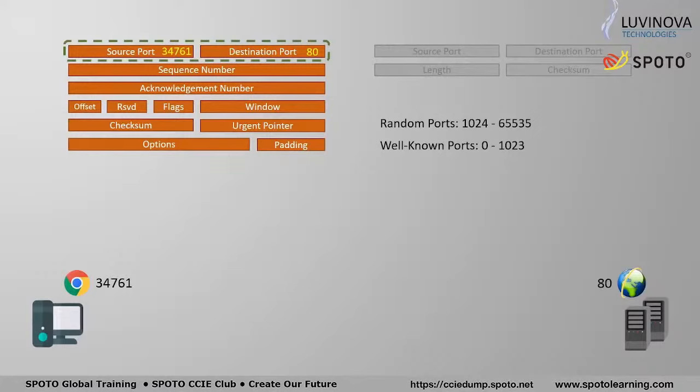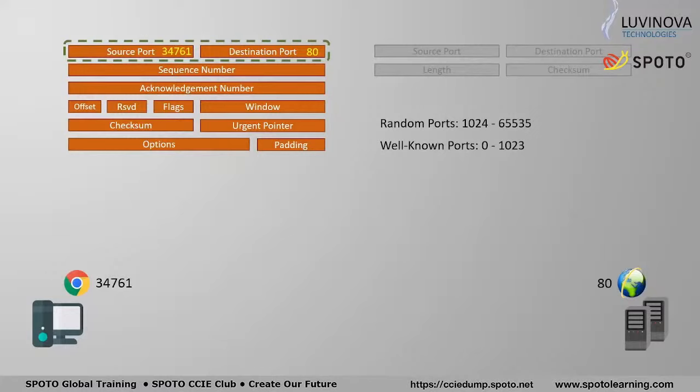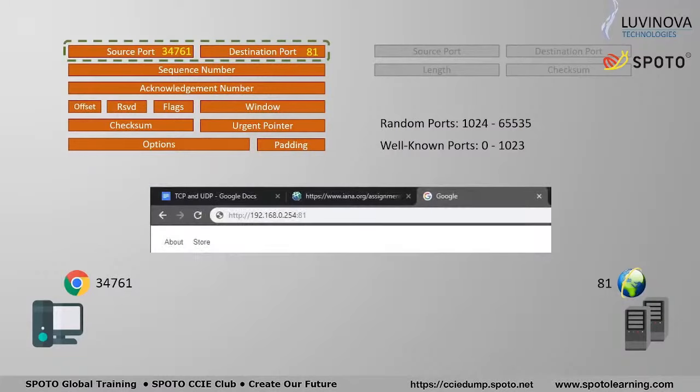If you want to see some well-known ports, have a look at the list in this URL. Of course, a server application could be configured to use a non-standard port, maybe port 81 for HTTP, for example. And this is fine, but the client can't guess the port number anymore. The client application will need to be manually configured to support this.